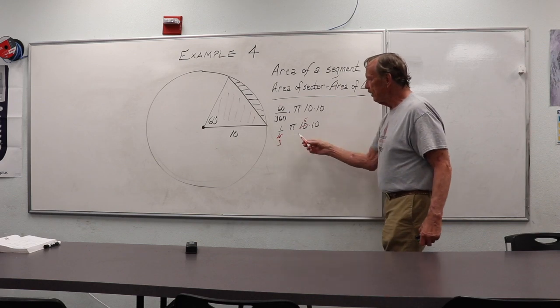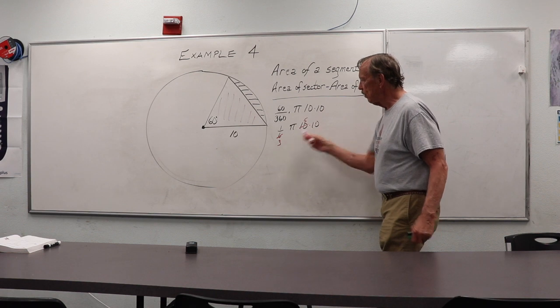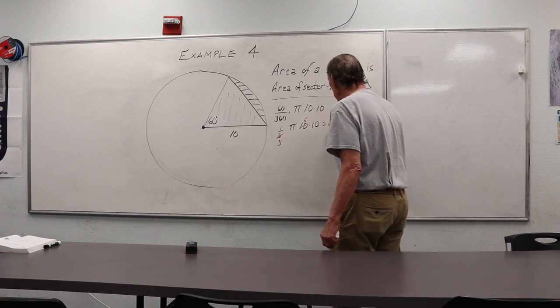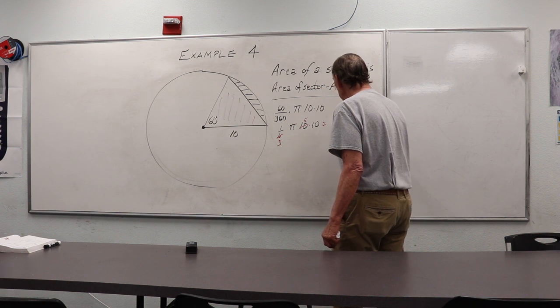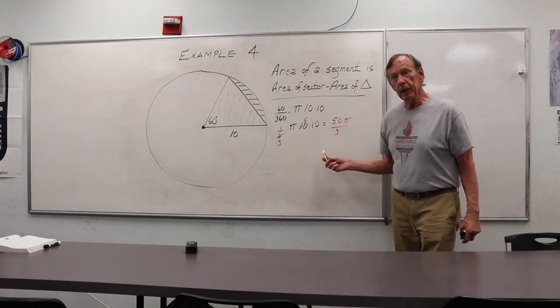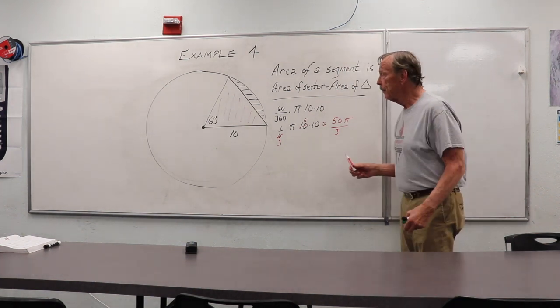So in this example, we have 5 times 10 times pi over 3. That would be the area of the sector.